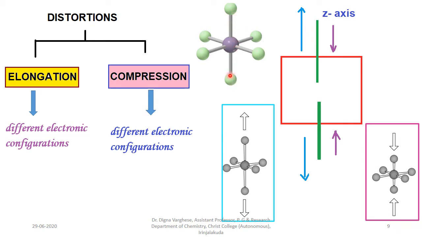This means that the z-containing orbitals undergo less repulsion between the metal and the ligand.